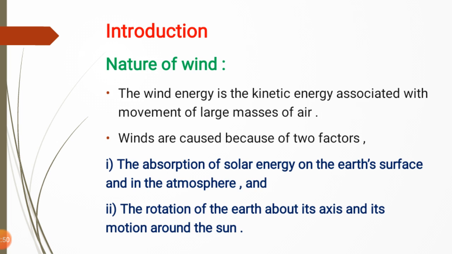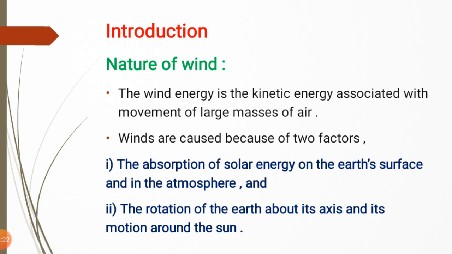The introductory part first covers the nature of wind, that is, what we mean by wind energy and how wind is created. Wind energy is the kinetic energy associated with the movement of large masses of air. Winds are caused by two main factors.